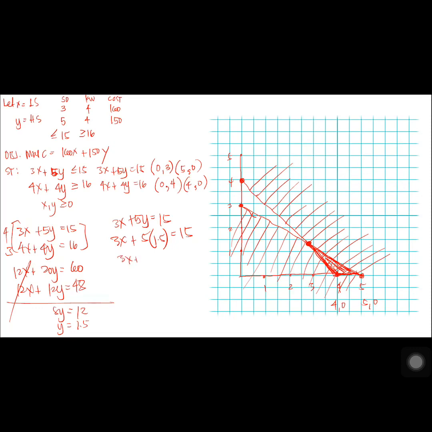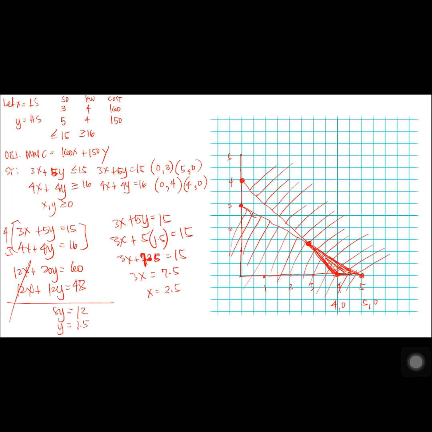We have 7.5, so 3x equals 7.5. X is 2.5. Sorry for this.